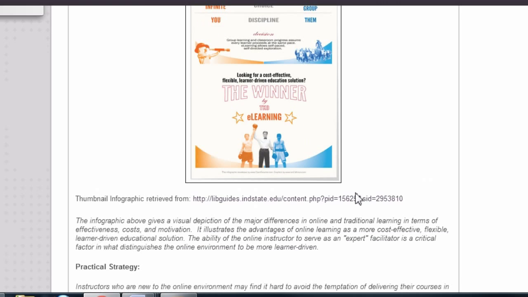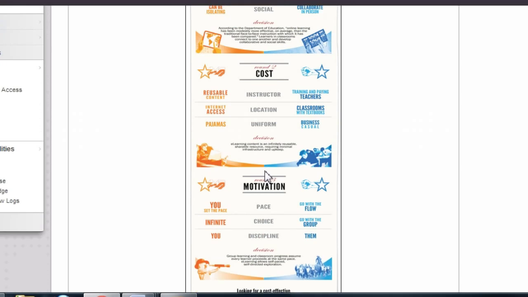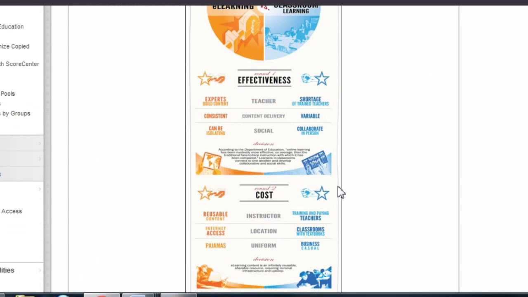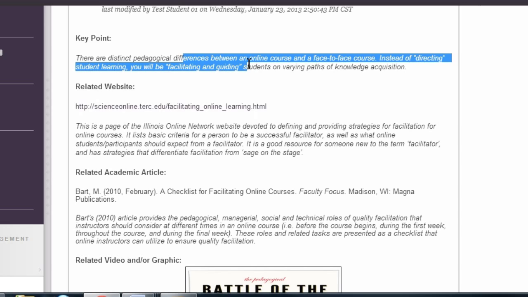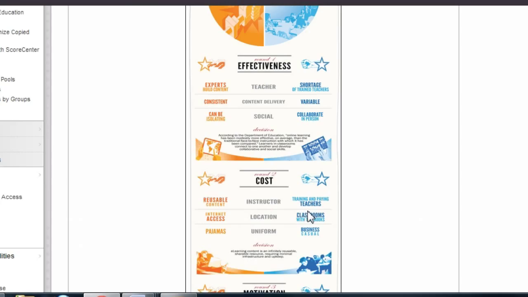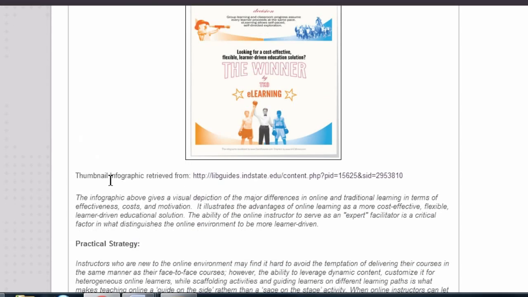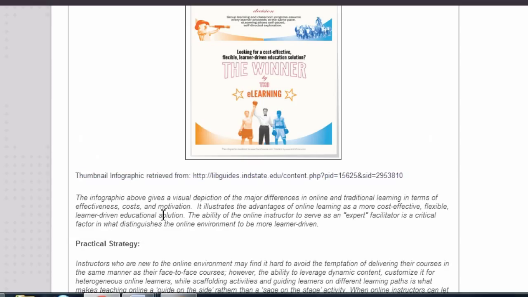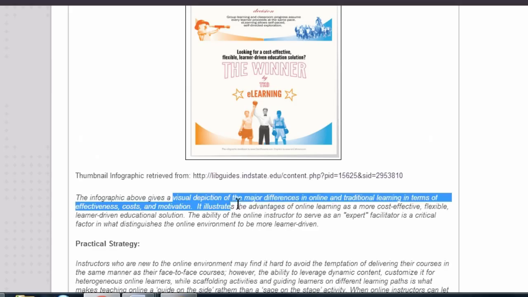And so you'll see underneath the infographic or video or picture, whatever you find that's, again, related to the key point, I've got an annotation here that describes first where I got the infographic from, but saying that it gives a visual depiction of the major differences in online and traditional learning.